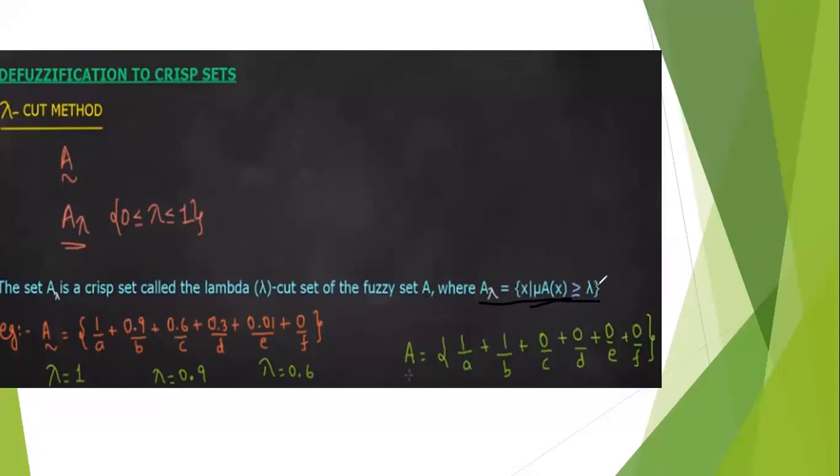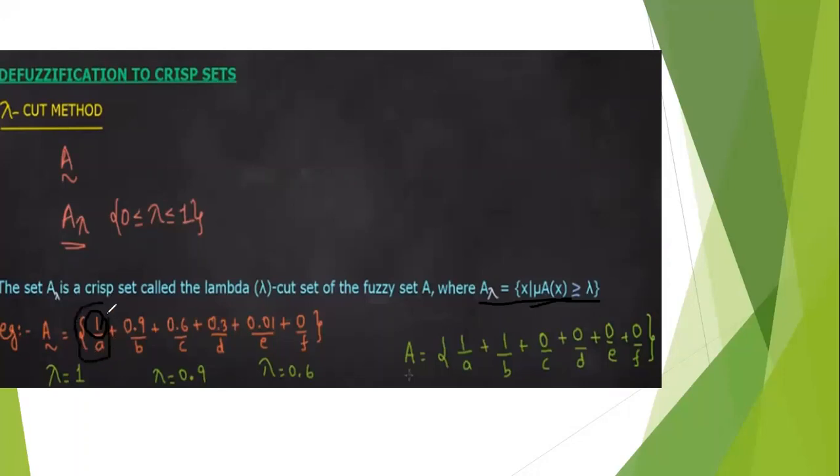So when you are considering lambda equal to 1, you are finding out in the given set which fuzzy membership values are equal to 1 or greater than 1. So only 1. So A lambda for lambda equal to 1 is A only.